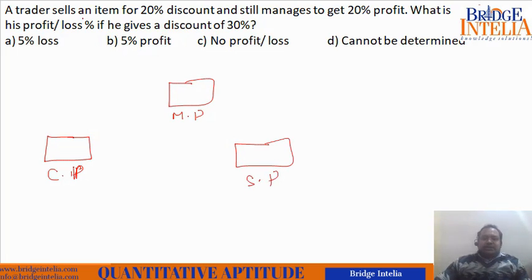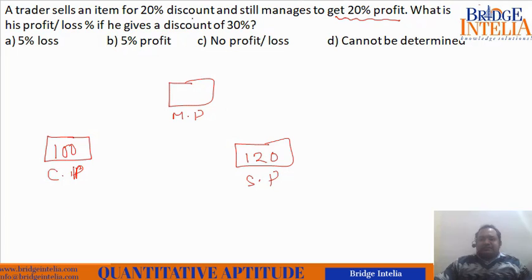So a trader sells an item for 20% discount and still manages to get 20% profit. So let's assume he himself bought it for rupees 100. So in the first scenario, he is getting 20% profit. So that means he must be getting 120 back.